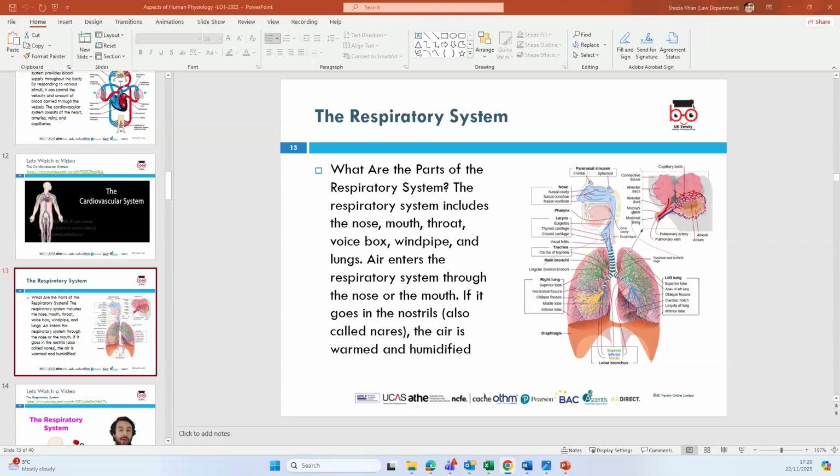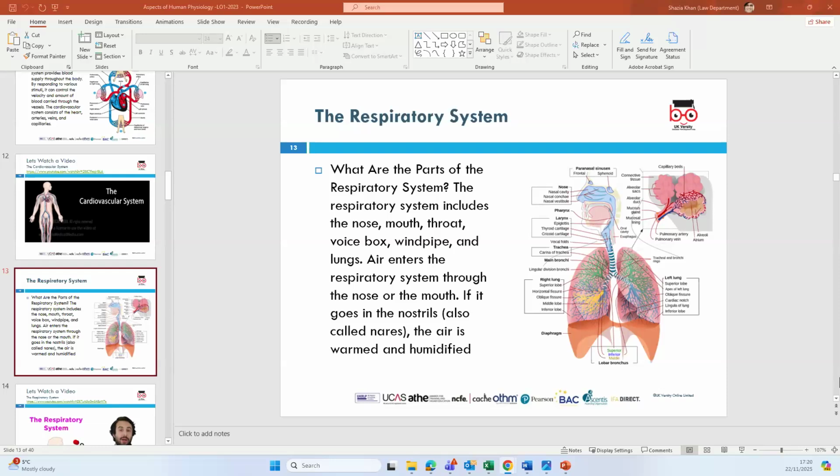So the key organs that are used here are things like your nose and mouth, your lungs, your diaphragm. And it's so important because the respiratory system works with the circulatory system to deliver oxygen to the body's cells, which they need for cellular respiration to produce energy. So it's really important.